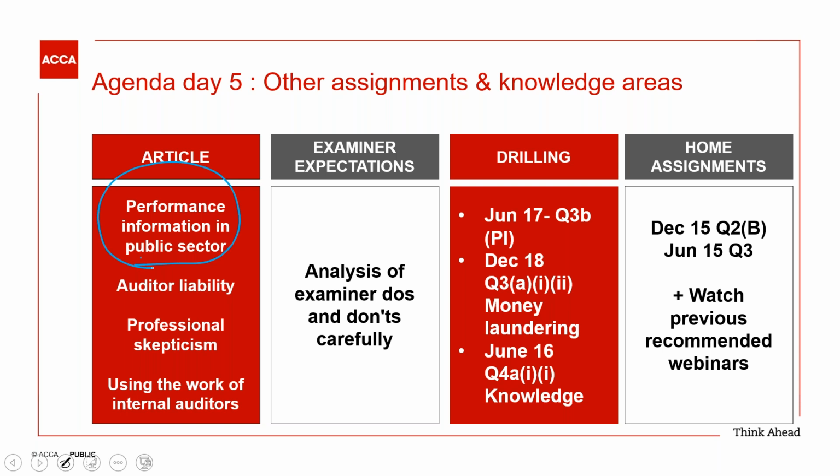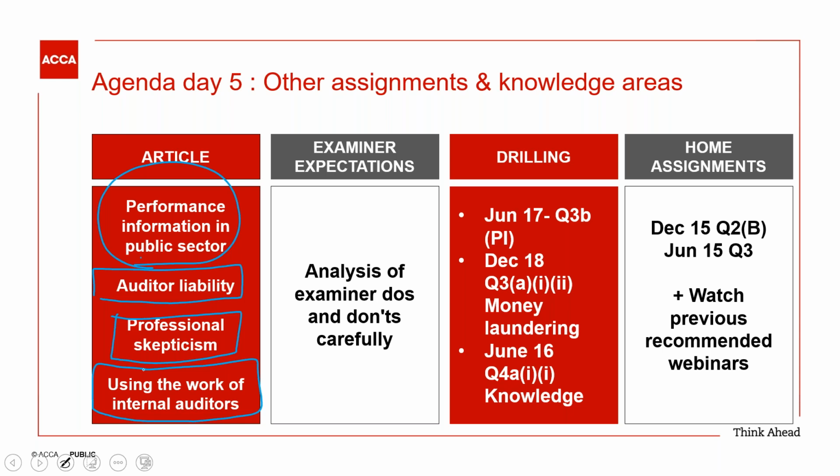Then there are some knowledge articles which are important: auditor liability, professional skepticism, and using the work of internal auditors. These are more important knowledge areas which you should focus on alongside the others. I'll be focusing on the examiner criticism as I have been in the last 4 days.